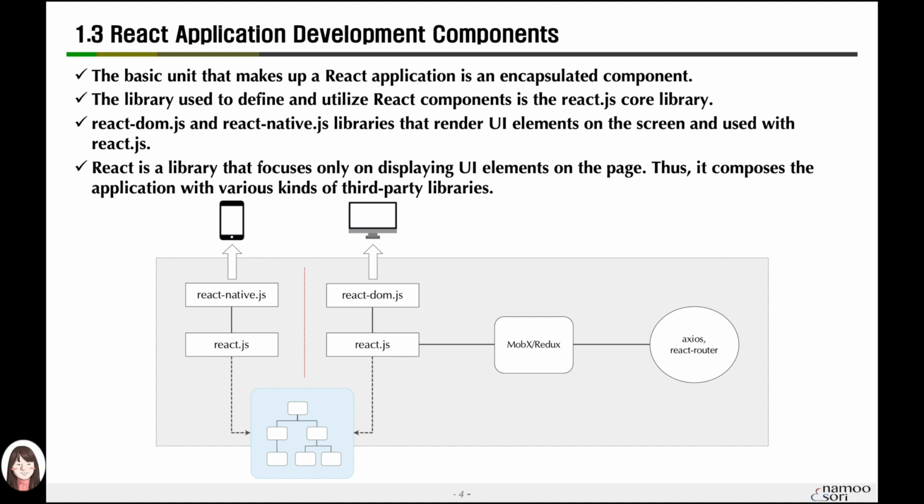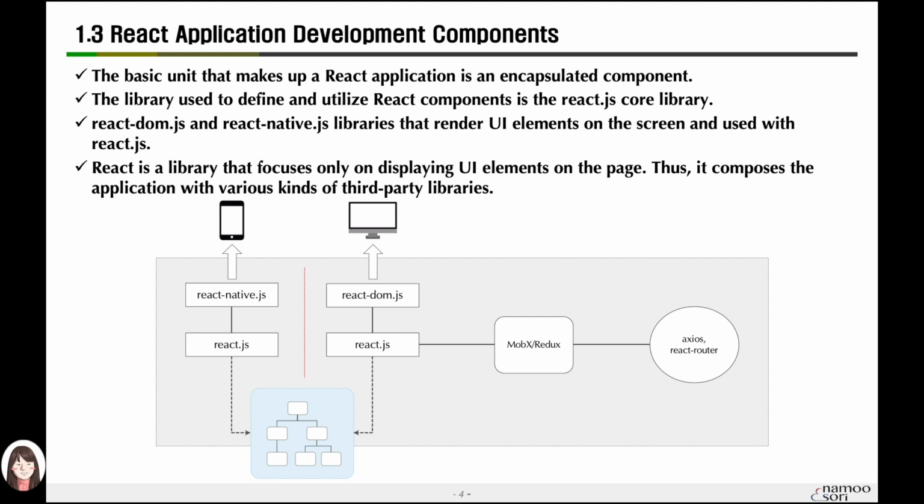React-mobx.js and mobx.js libraries exist separately. I will explain this part again when we learn about the store, but when we manage the store with a third party library, there are basically MobX class libraries and Redux class libraries, and among them, we are going to run this class on MobX basis.